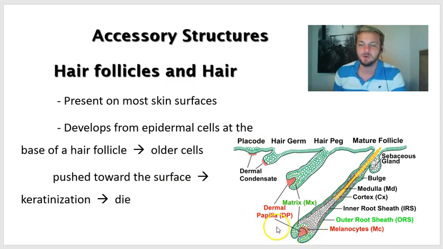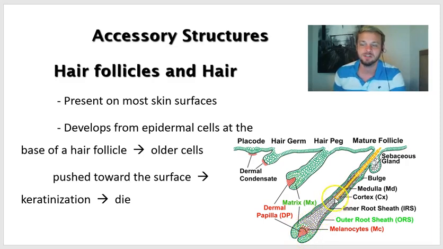You can see where the dermis reaches up inside, but most of this is made up of the epidermis. And just a little bit of this dermal papillae is the dermis. And you're going to have a lot of capillaries here, a lot of blood supply, so these cells are highly mitotic. They're doing a lot of division and pushing these cells up.